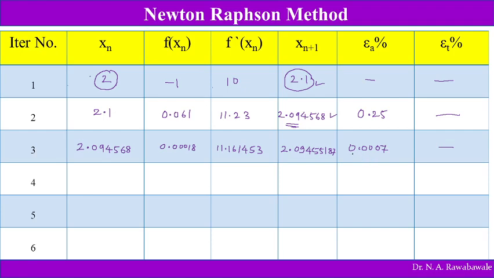So this approximate error has considerably reduced, so we can stop here, and the root of this function is known to us.